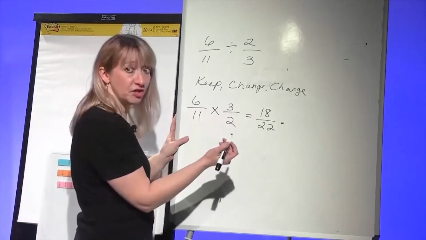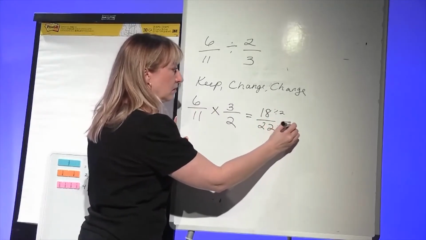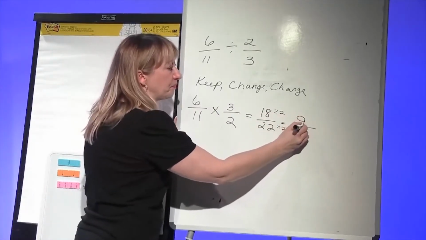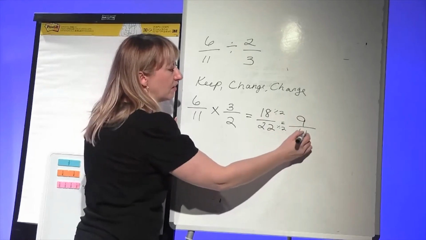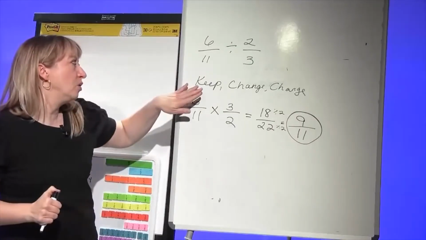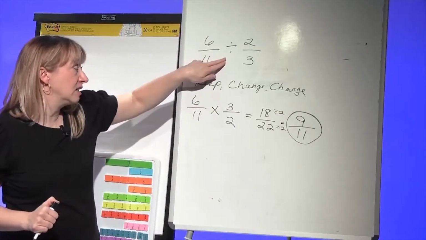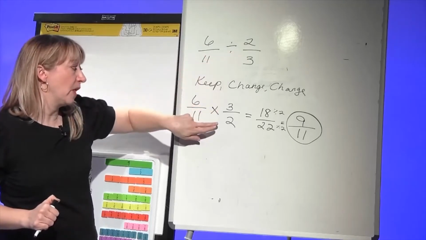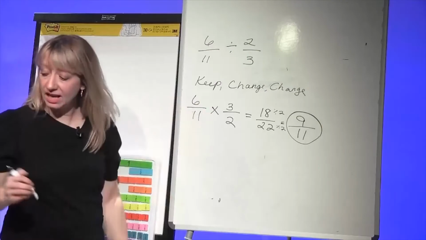So for sure I can divide them both by 2. 18 divided by 2 is 9. 22 divided by 2 is 11. And that's as far as you can go with that one. So again, if you can remember, keep the first fraction, change the sign, and then change the next fraction by flipping it, then you multiply straight through.